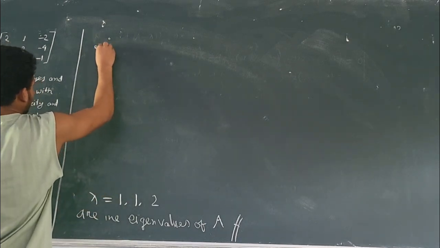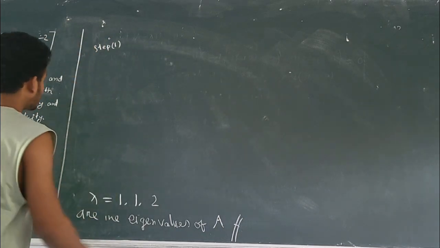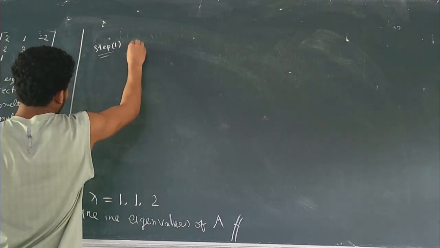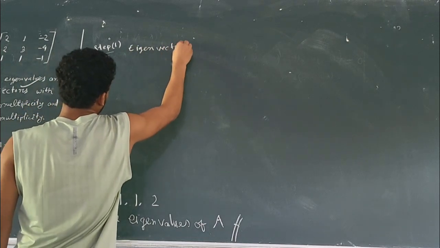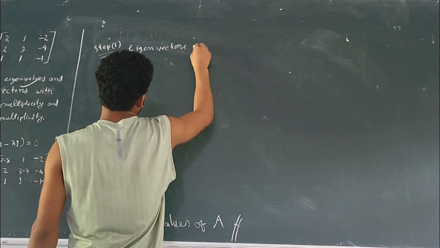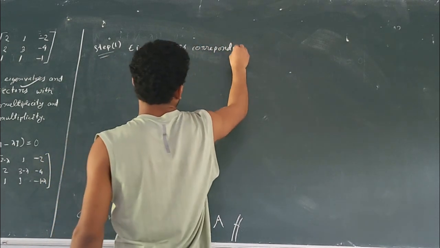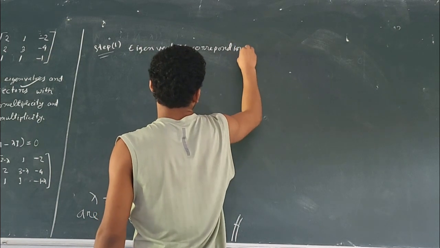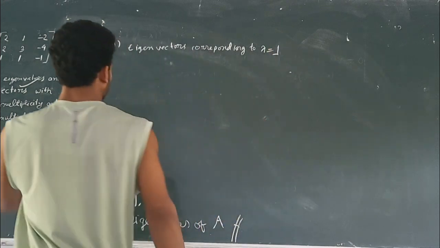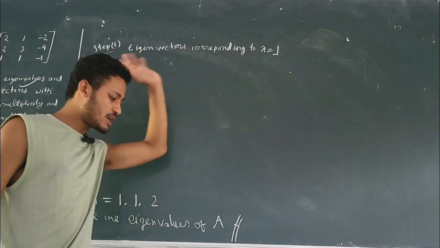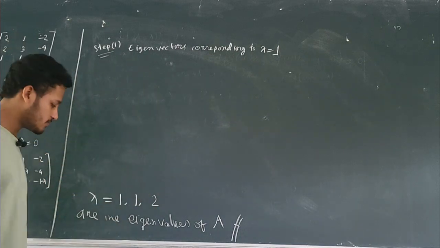So step 1. Eigenvectors corresponding to lambda is equal to 1. So for lambda is equal to 1, we will find the eigenvectors.